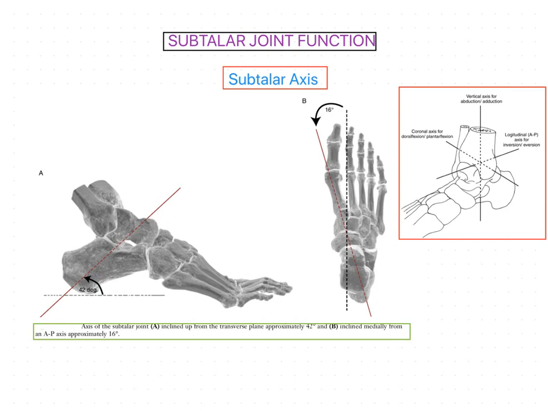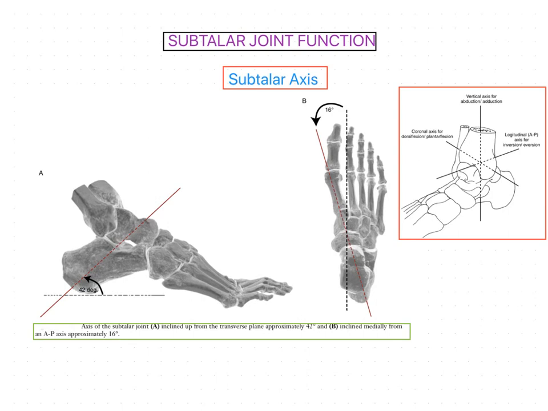Before knowing this axis, again we will see what the articulations are as well as how many degrees of motion take place in the subtalar joint. The subtalar joint is composed of 3 articulations, as we already discussed in the previous session. That is the alternating convex and concave facets, which limit the potential mobility of the joint.